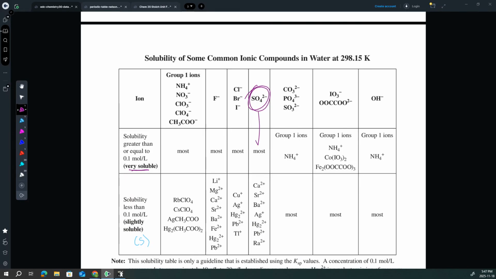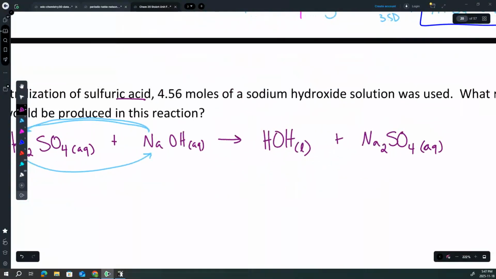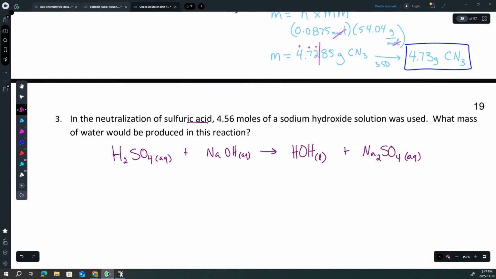So sulfate says most things are soluble, but let's just double check and make sure sodium isn't in our list of exceptions. Looking down here, sodium is not listed, therefore, yep, it is going to be very soluble. So that means we rate it as aqueous. Okay, so we got our skeleton equation. Let's balance this out.